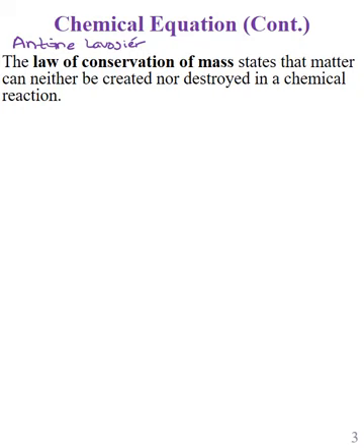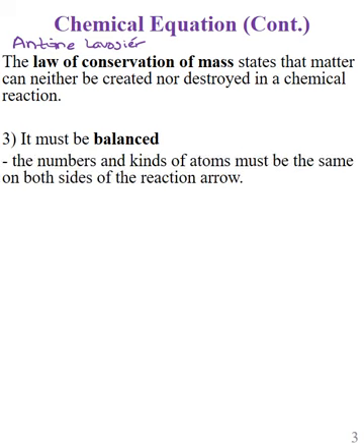So how does this relate to a chemical equation? Well, it means that the equation must be balanced. So you have to have an equal number of atoms on the left as on the right. So the numbers and kinds of atoms must be the same on both sides of the reaction arrow.